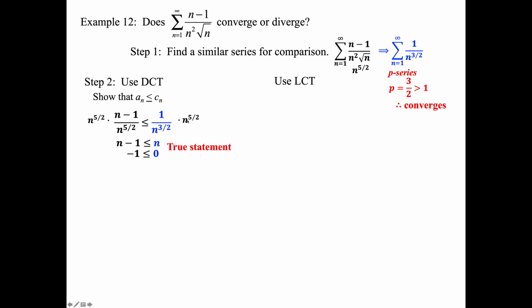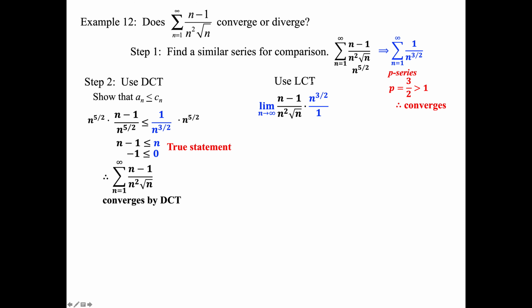Over here, this is going to give me n to the 5/2 over n to the 3/2, which I will subtract powers, which gives me 2 over 2 or 1. The n's cancel, so negative 1 is less than or equal to 0, which is a true statement, and therefore my original series converges by the direct comparison test.